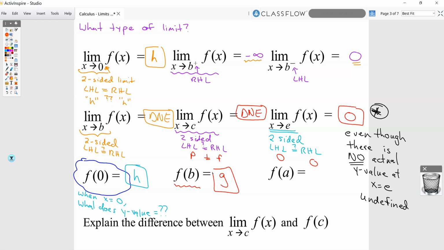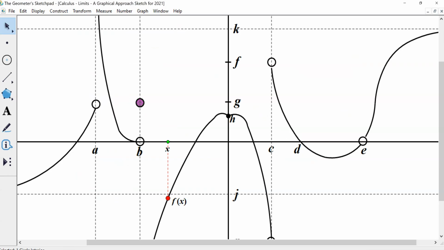All right, and then f of a, go back to our graph real quick. I think our point's kind of a little messed up. There we go. All right, so at x equals a, the right-hand limit went out to infinity, so you can't equal infinity. The left-hand limit came to the open circle.